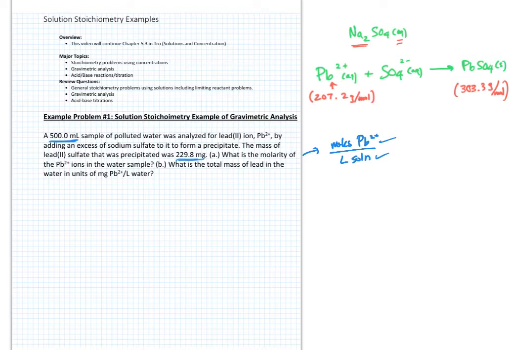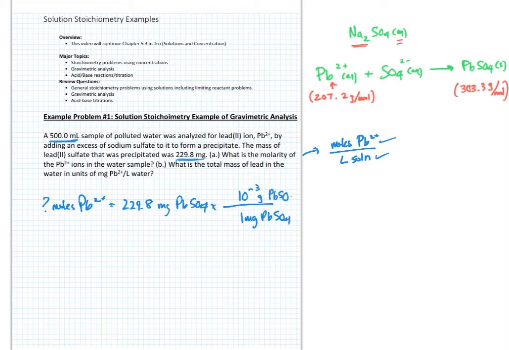So we precipitated lead-2 sulfate, so what I'm looking for is moles Pb2+, and what I have is 229.8 milligrams PbSO4. So I'm going to get that into grams. I'm going to say times 10 to the minus 3 grams for every 1 milligram. Just for the sake of completeness, we'll write all this down, PbSO4.